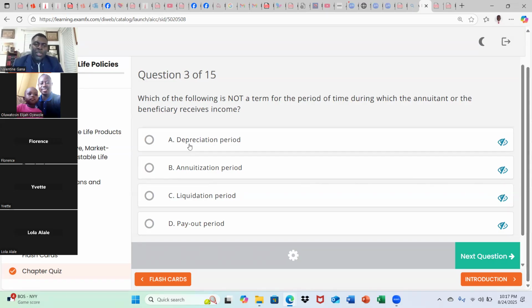A, depreciation period. D, payout period. Depreciation does not sound right. You're correct. Depreciation period is not an option.